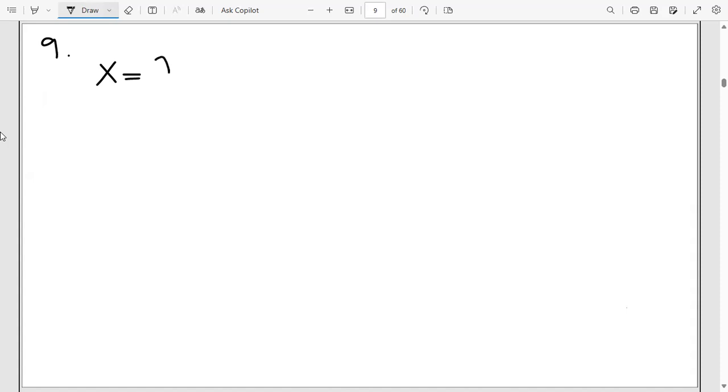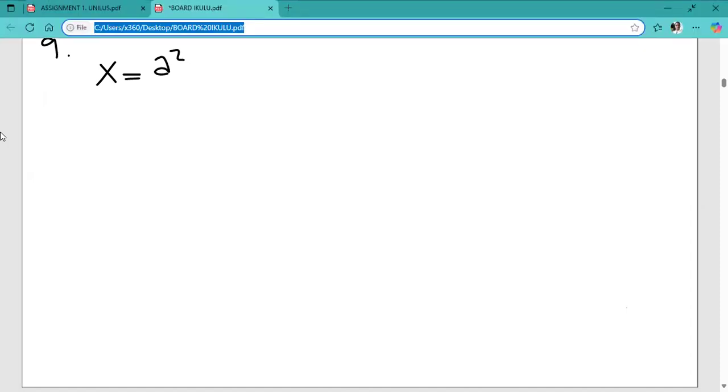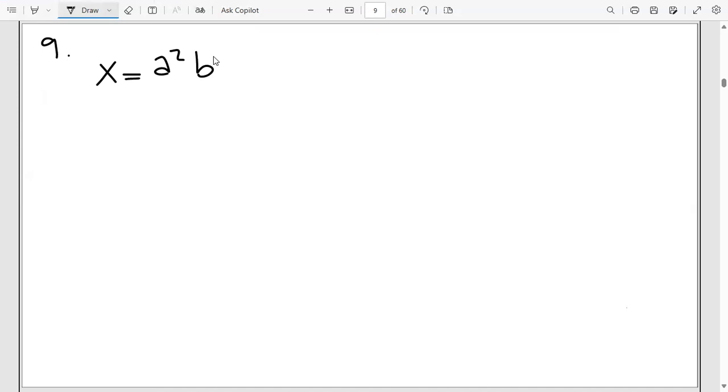We have A squared, we have B to the power 3, then you have open brackets, the square root of C, then to the power 5 here, then you have D squared, like this. So the percentage error in a quantity derived from this formula is going to be found by adding the relative contributions of the percentage errors of each of these variables that I've written here in this equation.